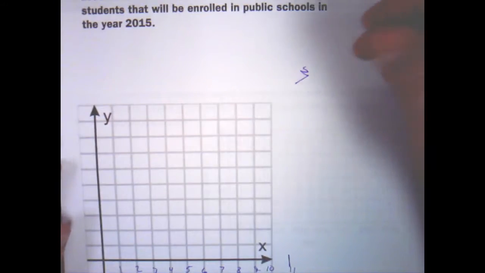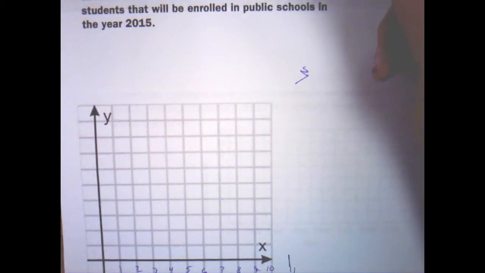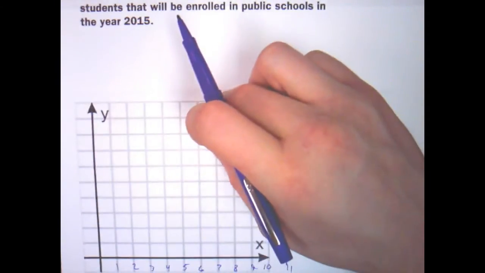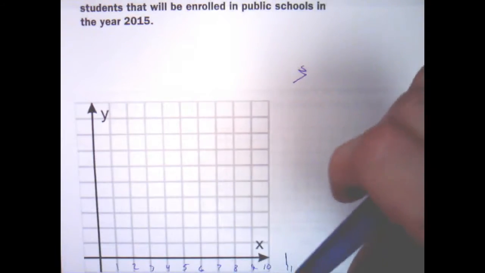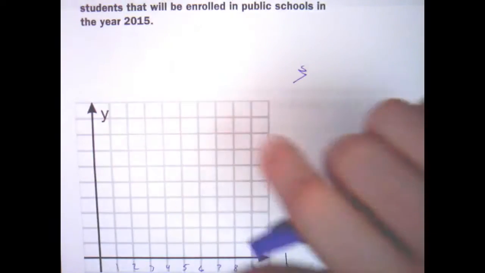Okay, so we want to avoid a broken graph, but our numbers are primarily between 46 and 50. So if we go by fives, everything's going to be right up here at the top. If we go by tens, it's going to be all pretty well crowded and you won't be able to tell much.